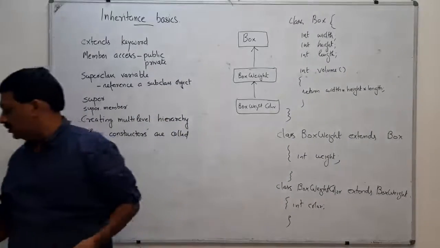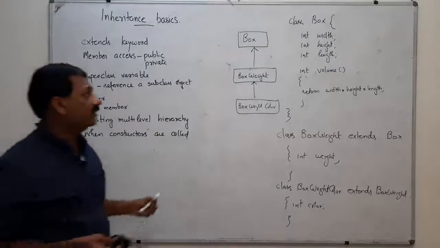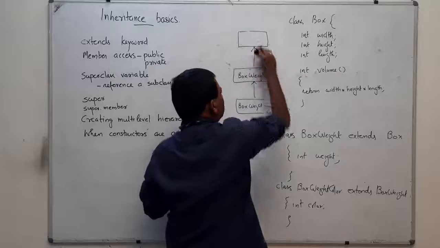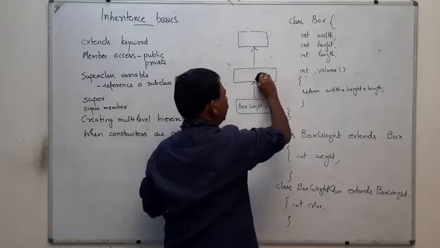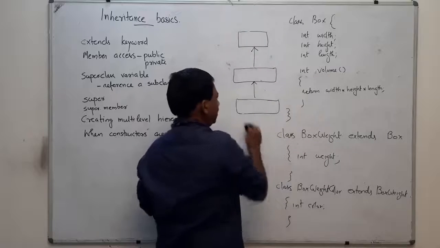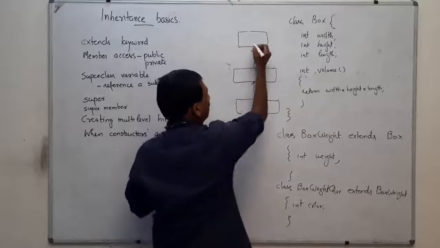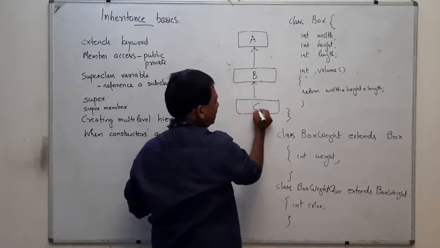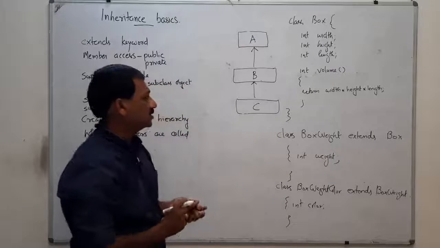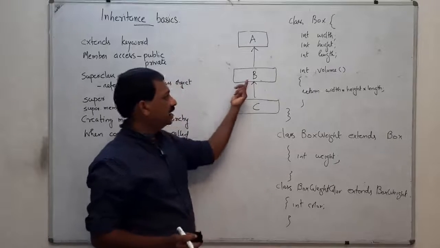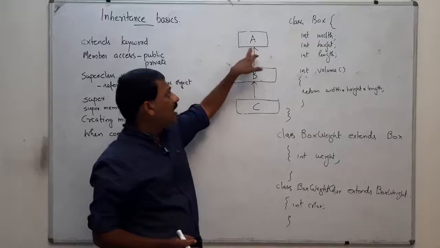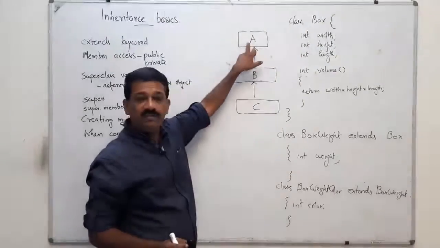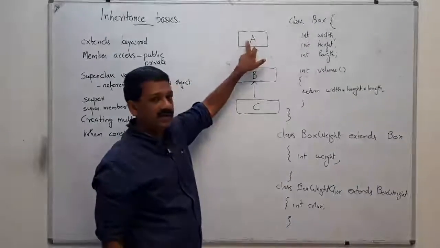Okay, so in general, instead of this, I am going to have capital A as the base class, B as the subclass and C as another subclass. C is a subclass of B and B is a subclass of A, and A is not inheriting from any other class, so this is the base class.